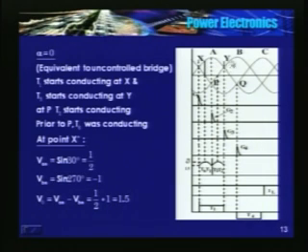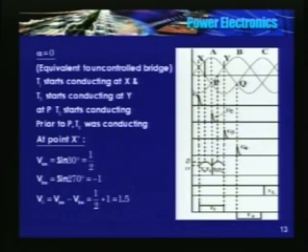This is for phase B, we have numbered it as 3. And this is for phase C, we have numbered it as 5. So this point is same as this.